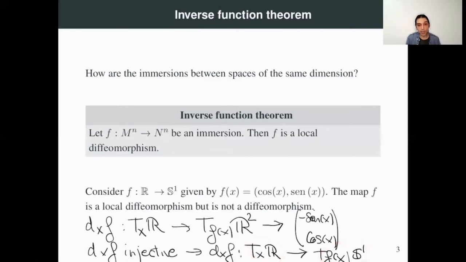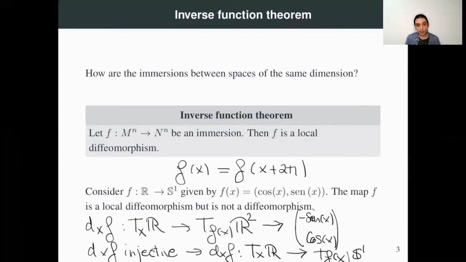So we are in the situation of the inverse function theorem, and because of that, f is a local diffeomorphism, as it is very well known. But it is not a diffeomorphism because it is not injective, for instance. If we consider f of x, this is equal to f of x plus 2 pi, because the trigonometric functions are periodic of period 2 pi. So it is not injective at all.